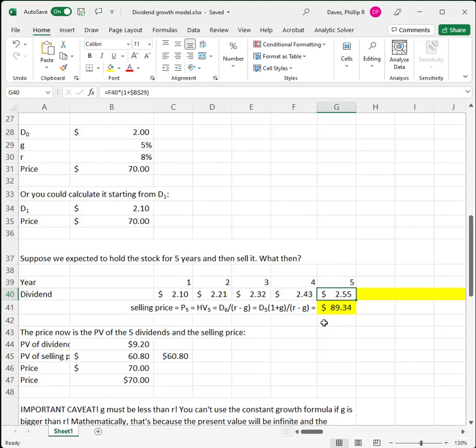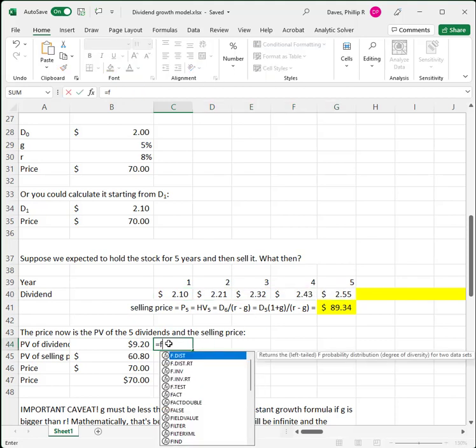And 2.55 divided by 1 plus 8% to the 5th. And 89.34 divided by 1 plus 8% to the 5th power as well.